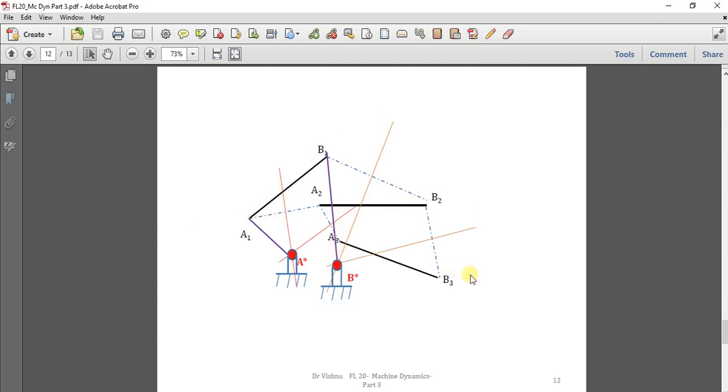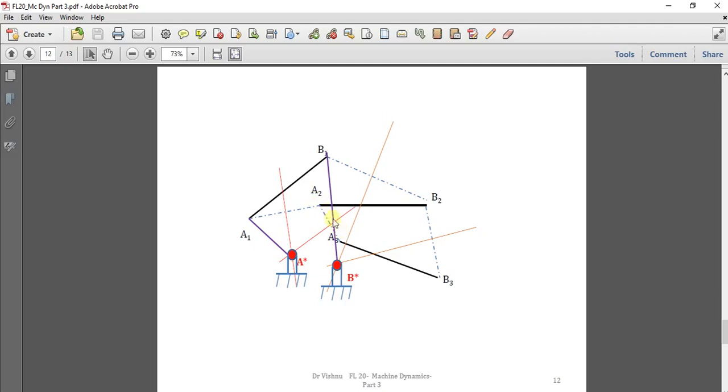Once you have these three positions, first you will connect A1 with A2. This dotted line is the line connecting A1 with A2. Once you connect these 2 points, you'll get this line, and then draw a perpendicular bisector, as we discussed now, for this line A1A2. Now connect A2 with A3.